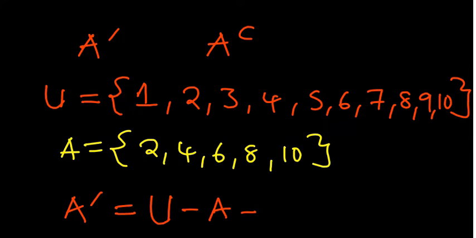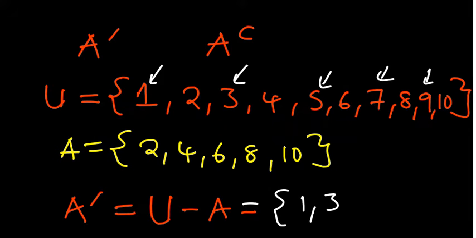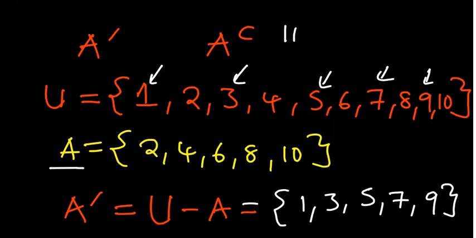So look at the numbers 1, 3, 5, 7, 9. That is what A complement is going to consist of. It would be wrong for me to include a number like 11 just because it is not in A. It only qualifies if it is a member of the universal set. That's what a complement means.